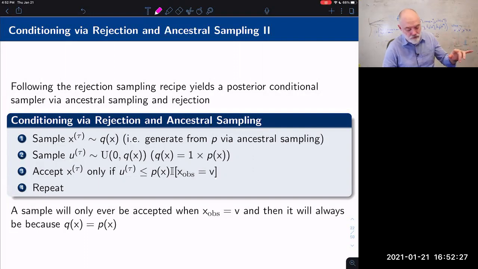It can only be below if the indicator function is true. Then rinse and repeat. So a sample will only ever be accepted when x obs is equal to V, and then it will always be because Q of x equals P of x. Okay, so now we've constructed a situation in which we can find the K for rejection sampling, right?